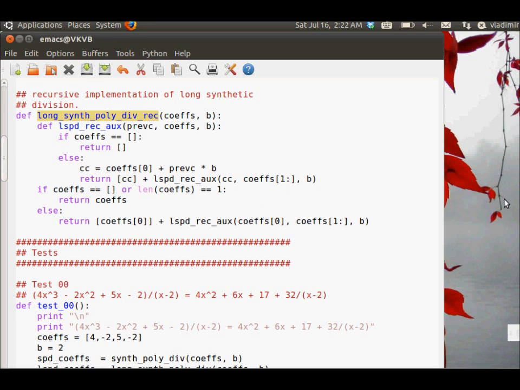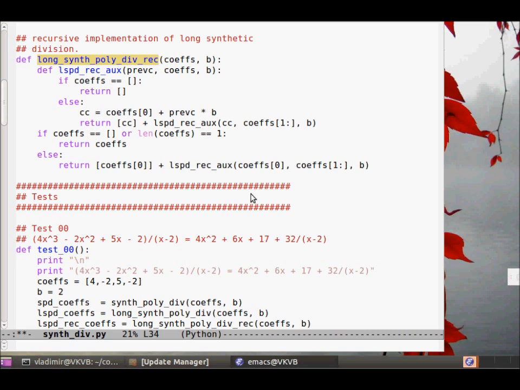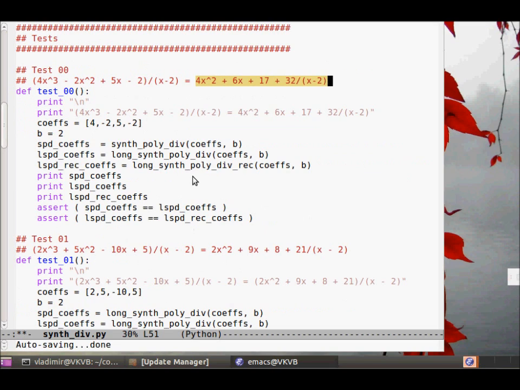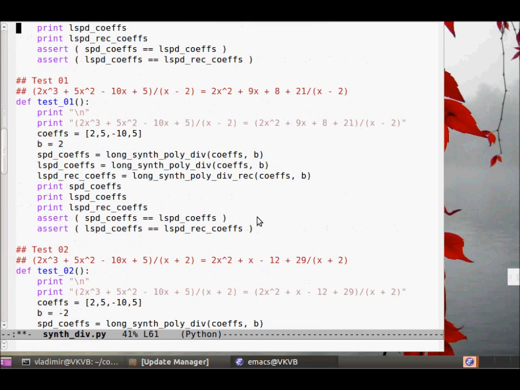And at the end of this file below we have several tests just to make sure that our implementation works properly, and it does work properly on all these examples. And we get three arrays. The first array is SPD coefs, done by applying our synthetic division implementation.